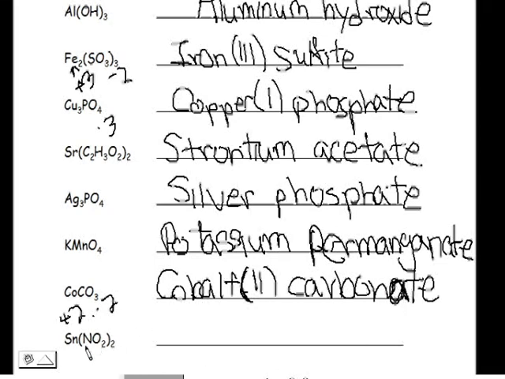Alright, next substance is tin and NO2, which is nitrite. Now, I need to consider tin a little bit more. Just like cobalt, it has a multiple charge. Thus, I must look at my anion, the polyatomic ion, to see what that charge is. Nitrite is -1 in charge. And because it's -1 in charge, I need to look at the subscript, which tells me that I have 2 of these. So the anion portion in total is -2.